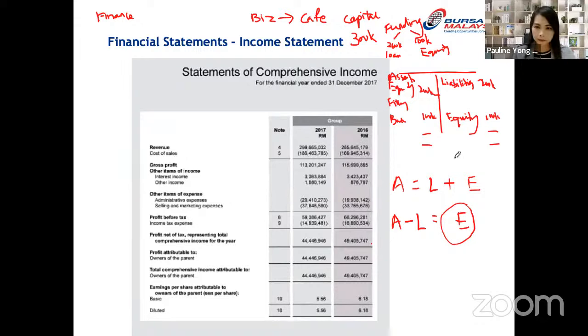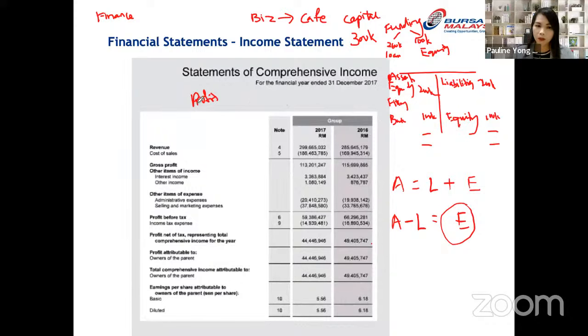Then what is the link from the income statement to the balance sheet? There is a link, and the link is through the profit. Under this equity, there is one section called accumulated profit.